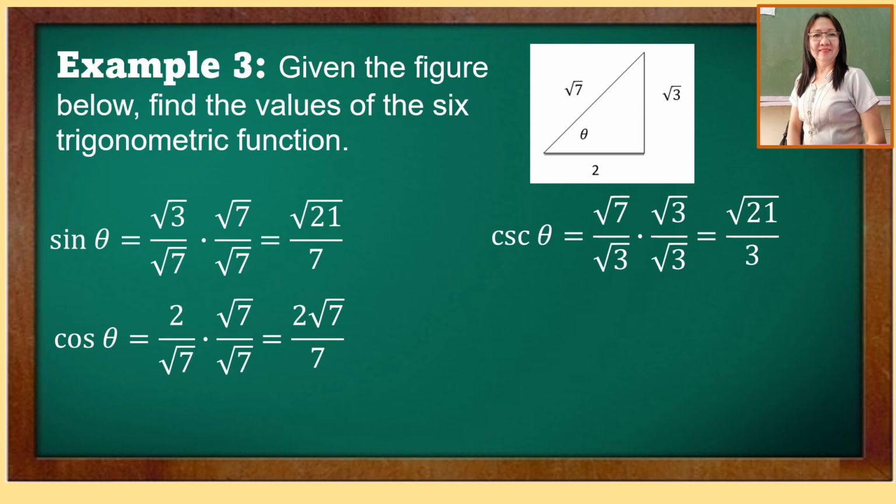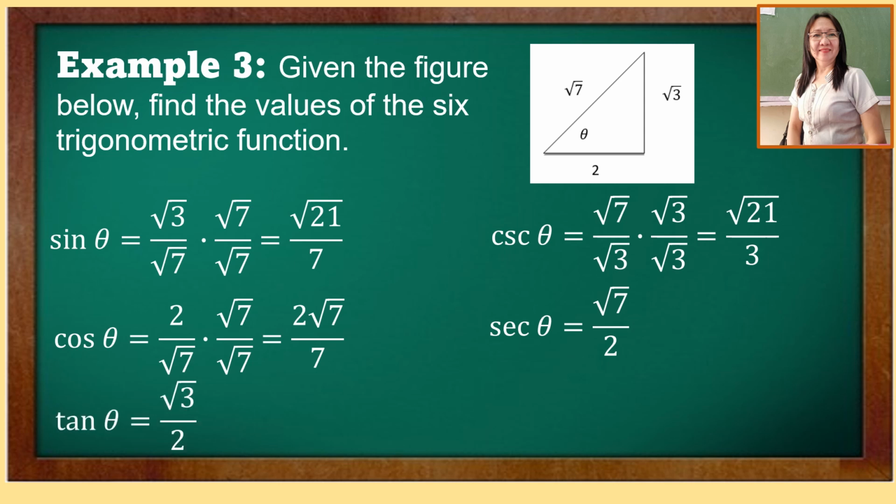So 2 square root of 7 over 7 is the answer. Now for its reciprocal, we have secant theta, which is the hypotenuse over the adjacent, so square root of 7 over 2. And this is in simplest form already.